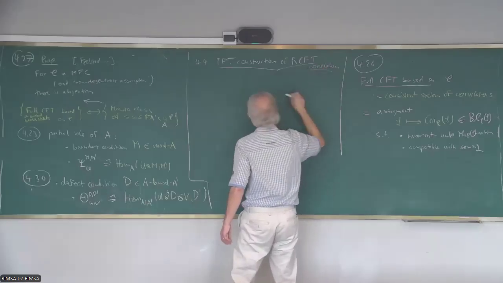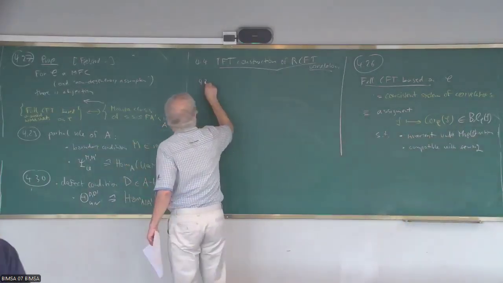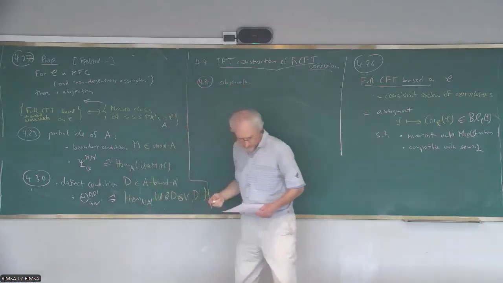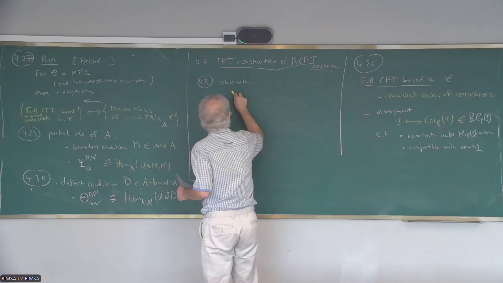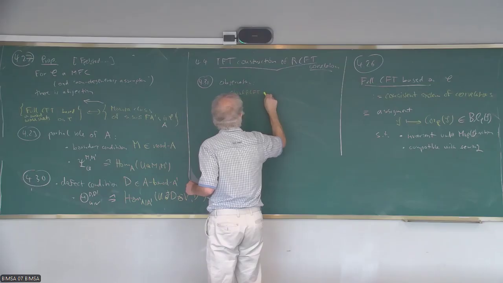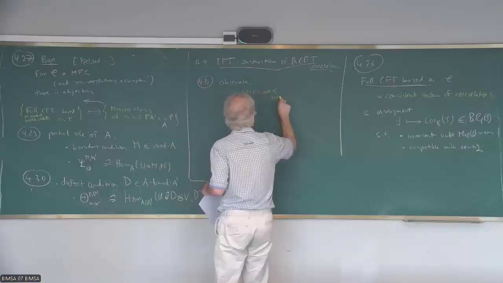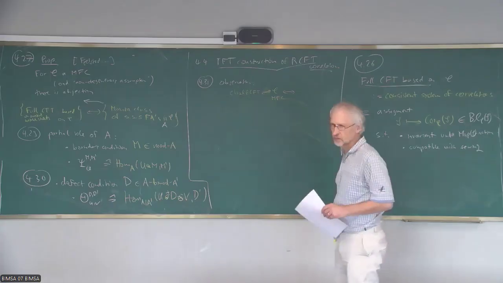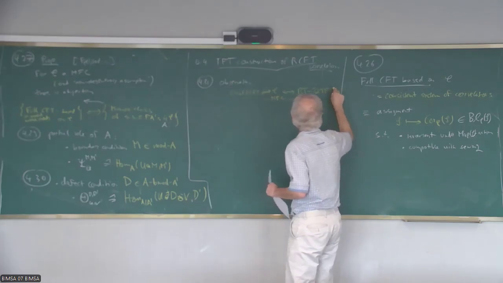The first observation here is that if I have a full RCFT, this corresponds to a modular fusion category C, but also it is known that the modular fusion category C is the input, in a reciprocal way, into a three-dimensional topological field theory.